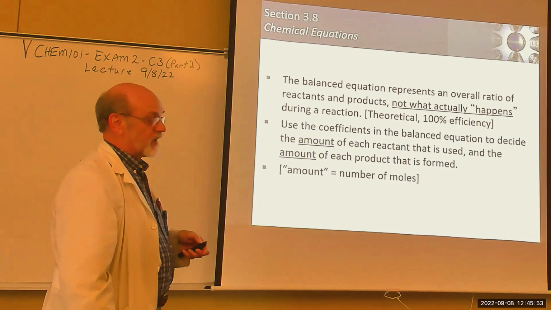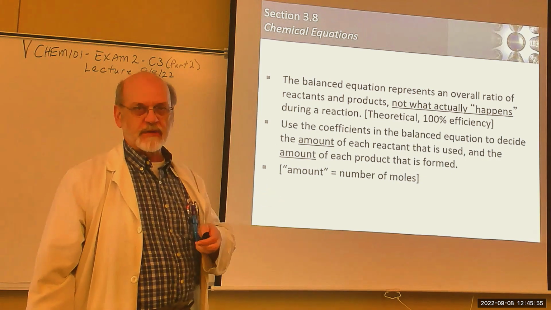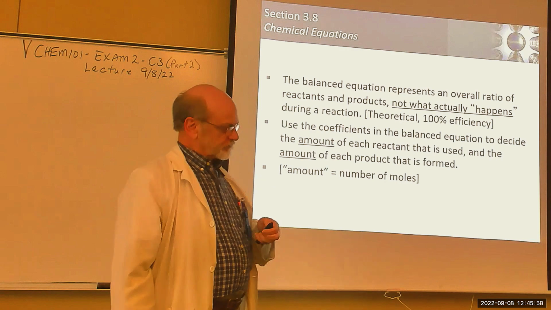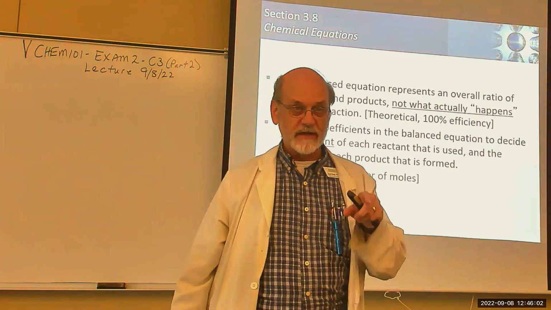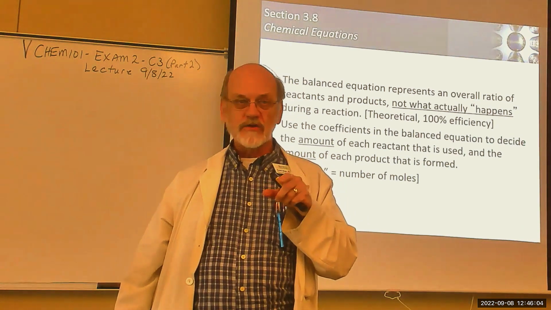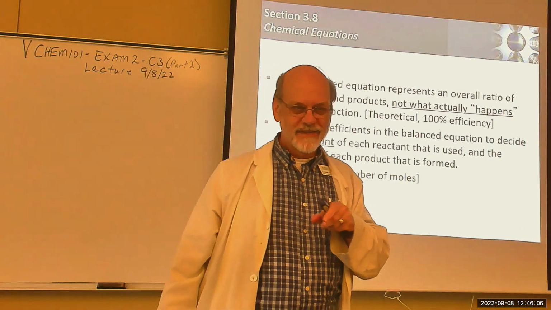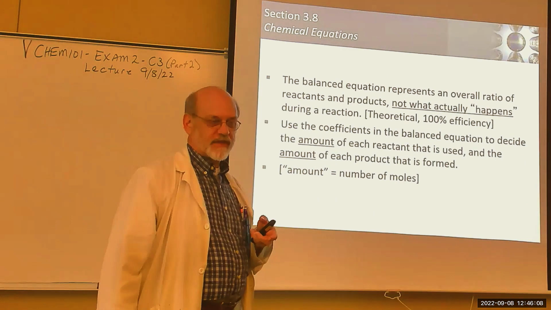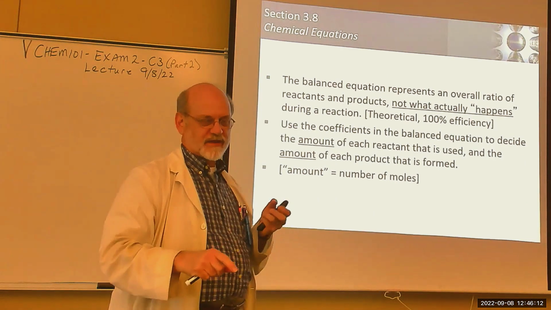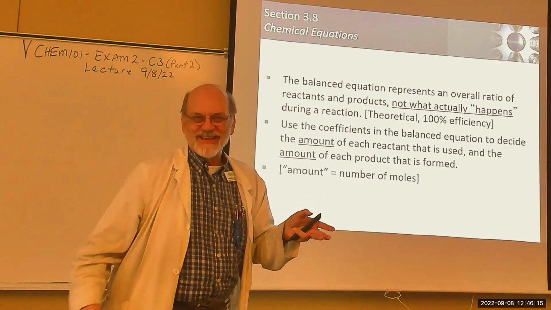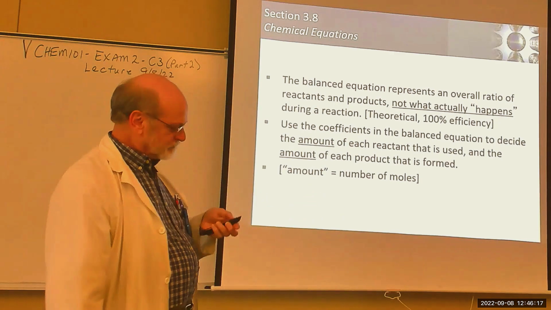But once you've written the compounds correctly, you can't touch them anymore. And by the way, if you don't write them correctly, then your equation will never balance. So that's a clue: if you're going through time after time and it just won't balance, go back and check your formulas to be sure they're written correctly.